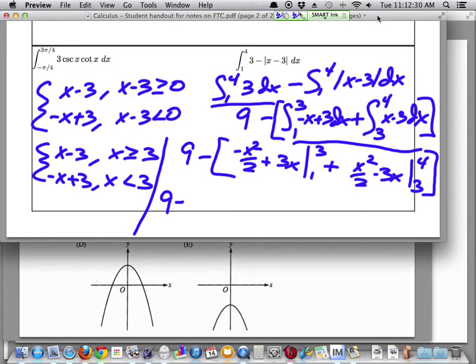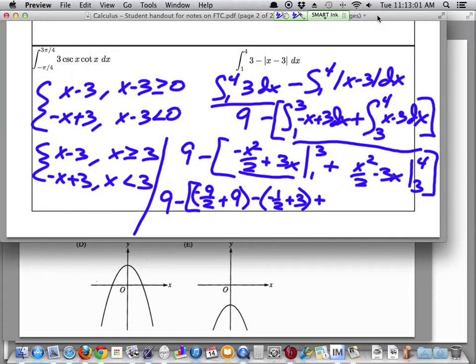So I've got my 9 minus, all right, on my first one, what needs to be plugged in first? 3. So if I plug in 3, that's negative 9 over 2 plus 9. Then minus, plug in 1, so that's negative 1/2 plus 3. So that takes care of the first one. Then I move to the second one. Which one needs to be plugged in first over there? 4.